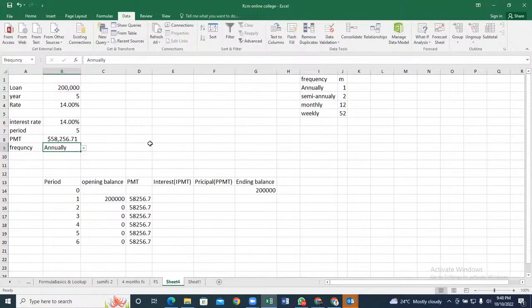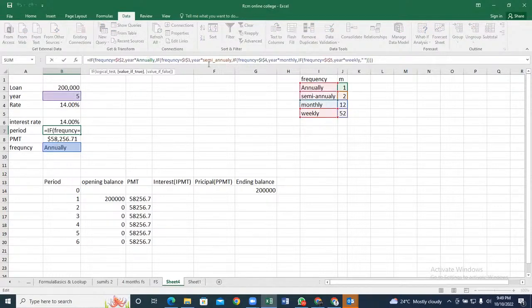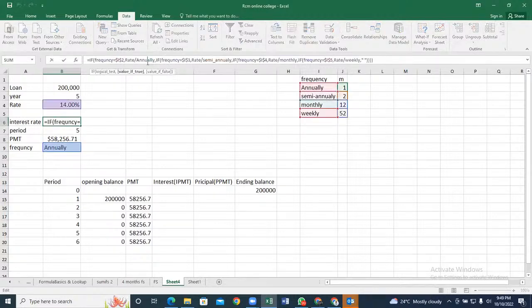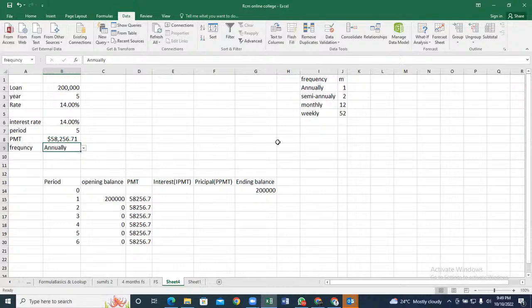If you don't get any value for PMT when you change your frequency, then you did not include annually when you are creating this. You did not include annually somewhere. Or when you are doing your interest rate, you don't have annually. That's why when you bring it to annually, it is giving you 0.